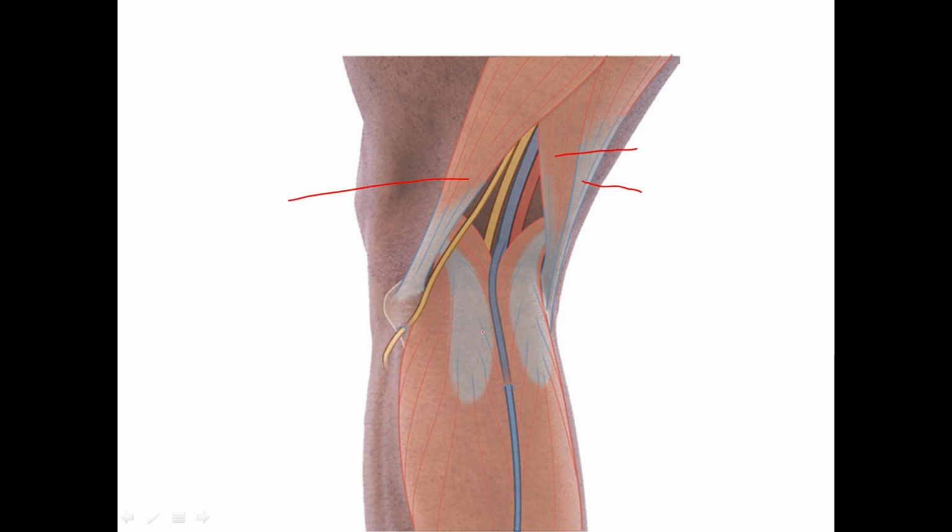Lower side, we can see here the gastrocnemius, lateral and medial head. And now we talk about the content, in which we can see popliteal artery, popliteal vein, tibial nerve, common fibular nerve. Here we got superficially the small saphenous vein.